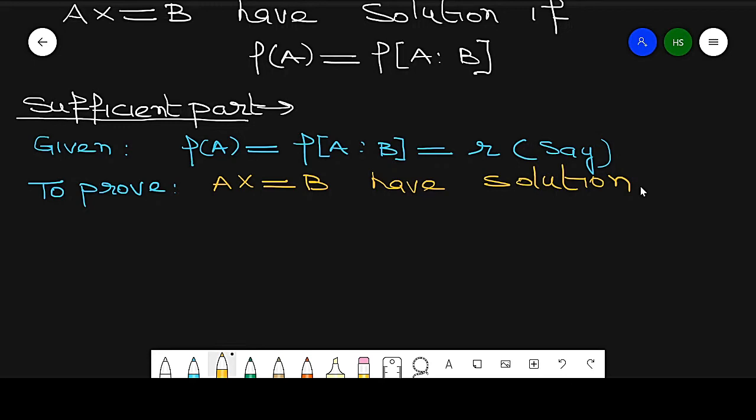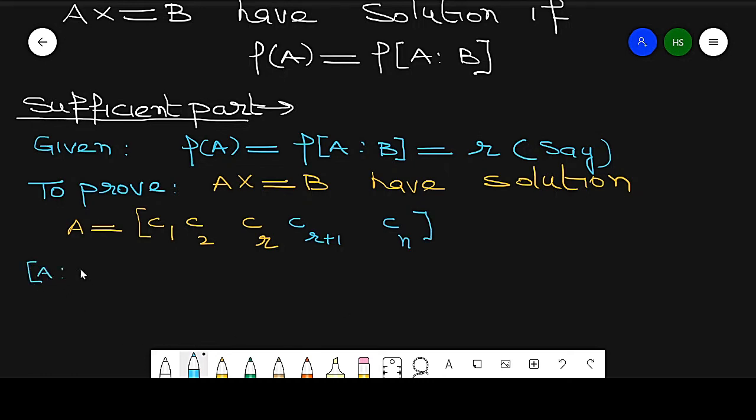Now first write the A matrix, which is C1, C2, up to CR, and then CR plus 1 and so on up to Cn. So this is A in the form of column vectors.